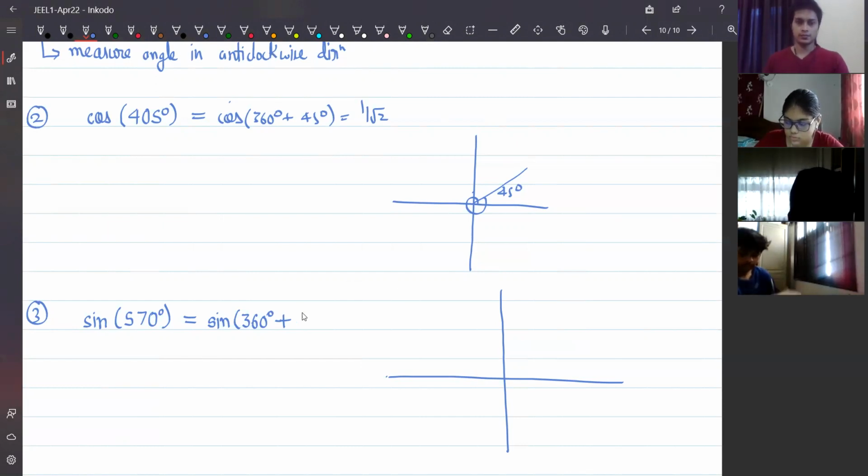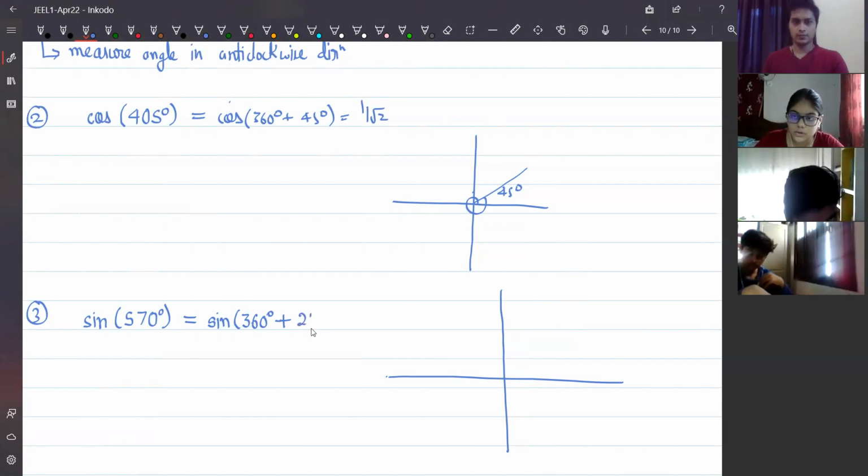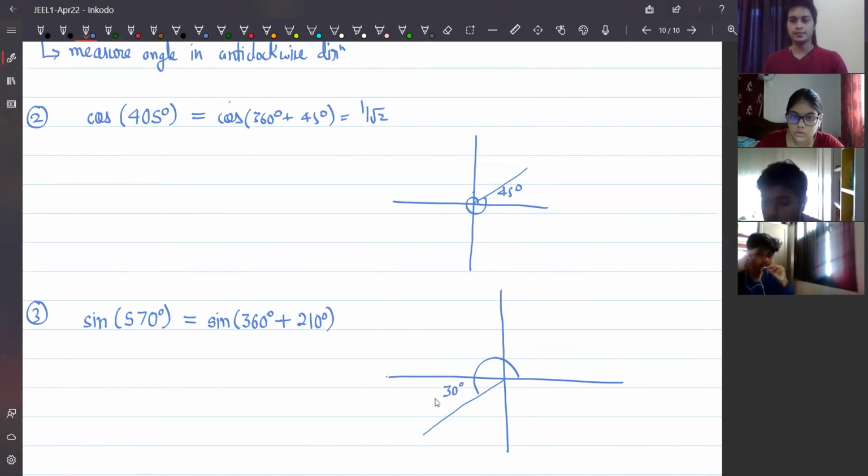So which angle, which quadrant? First tell me which quadrant this is. Third. 30 degree. Okay, so you can write this as sine 30 in the third quadrant. And will this be negative? Yes, don't forget the minus. It will be minus root 3 by 2.